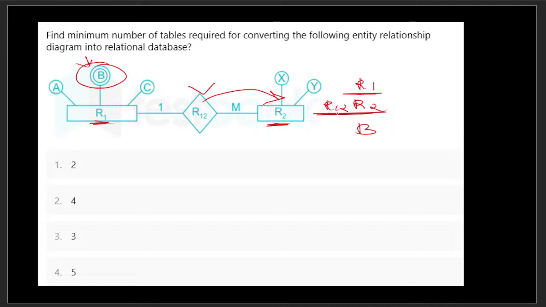R1 will be there and B will be there. So total, 3 tables are required.